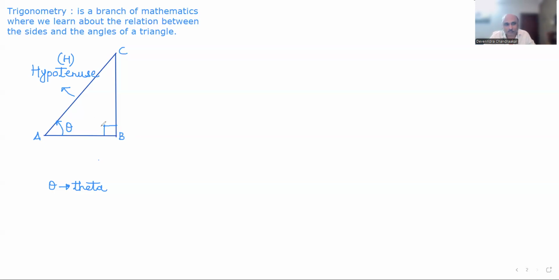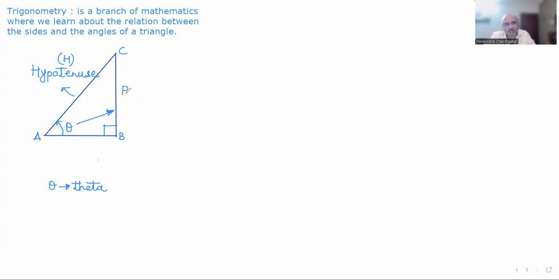Now, the side which is opposite to the angle. Opposite to this angle theta is the side BC. This side BC is the side opposite to this angle, right?